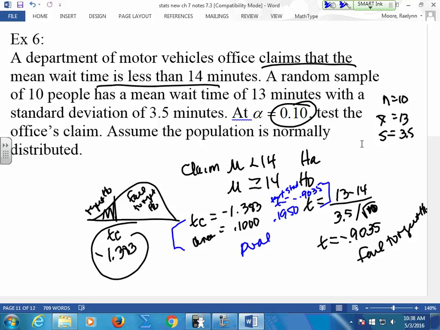So we're going to test our p-value, which is this guy, against your level of significance, which is this guy. So your decision says this is greater than, and your decision is still fail to reject H0. So it still works the exact same, but you can't find it on your table. You have to find it using the calculator.